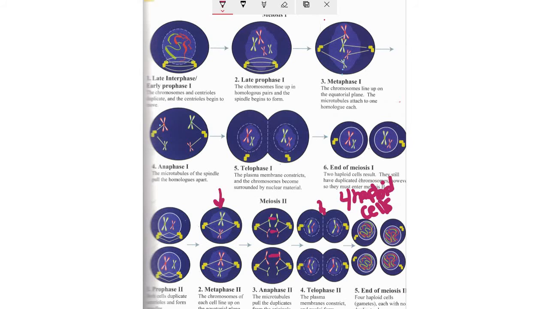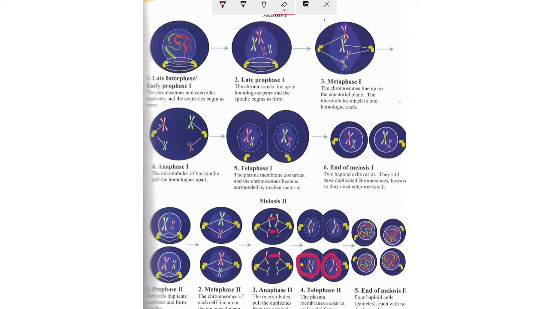Okay, so we started with 1 diploid cell, and at the end of meiosis II, you end up with 4 haploid cells. So 4 cells that have no duplicate chromosomes. Each chromosome is different from each other. Okay, there's no duplicates like we see in the diploid cells.